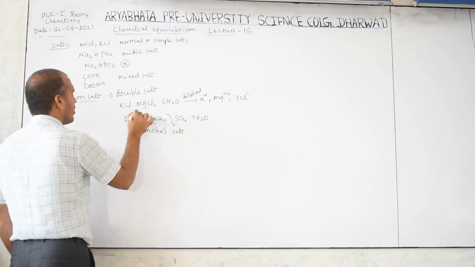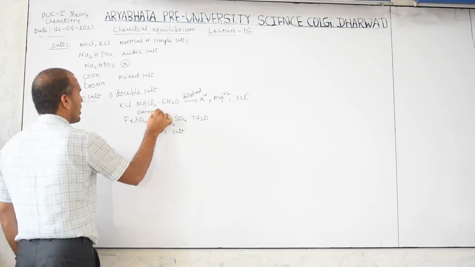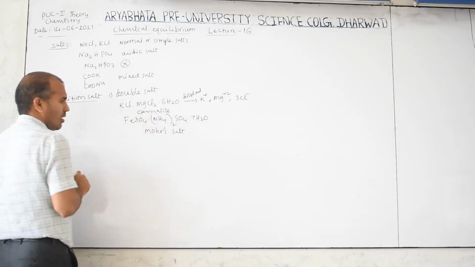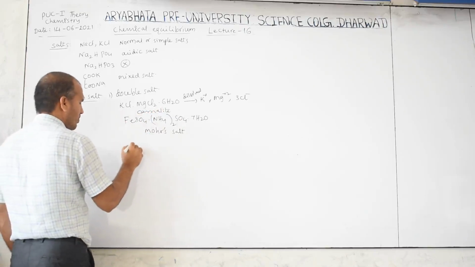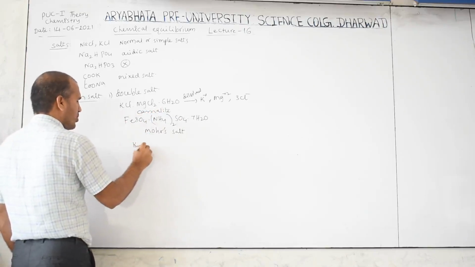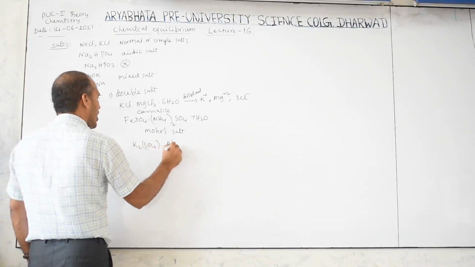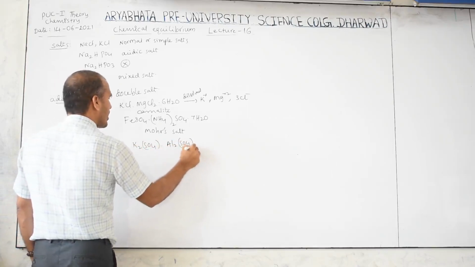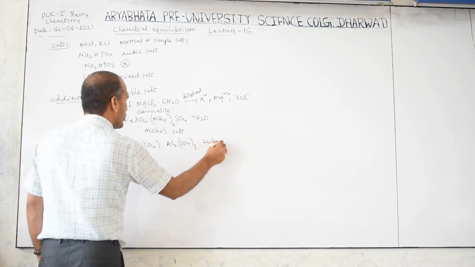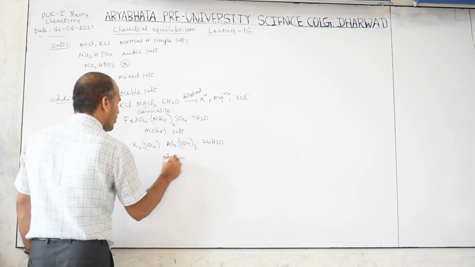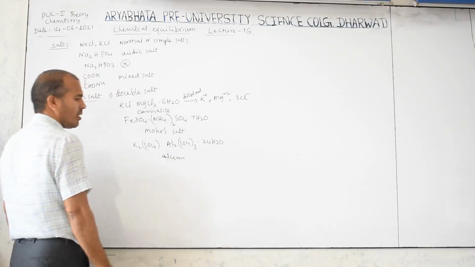This is called carnallite. Another is alum, K2SO4.Al2(SO4)3.24H2O. This is called alum, ALUM, alum.